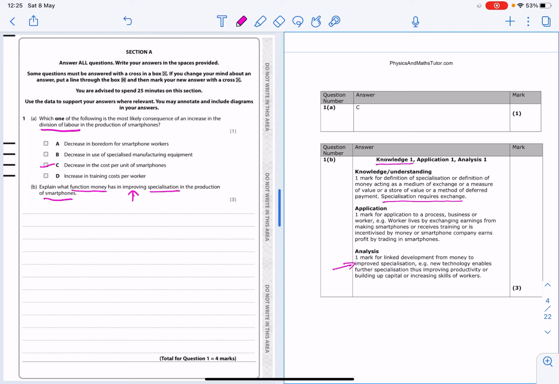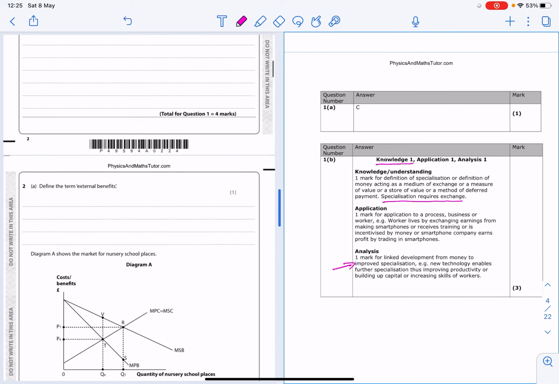So the business benefits from specialisation, and because they're making more profit through specialising, they can then buy more machinery in order to specialise further, or they could train their workers better so that the workers can be more productive. So I think that is a very difficult question. It's probably one of the worst ones I've seen, in terms of it looks sort of like it could be straightforward. There's no difficult concepts in there, but linking it all together is difficult.